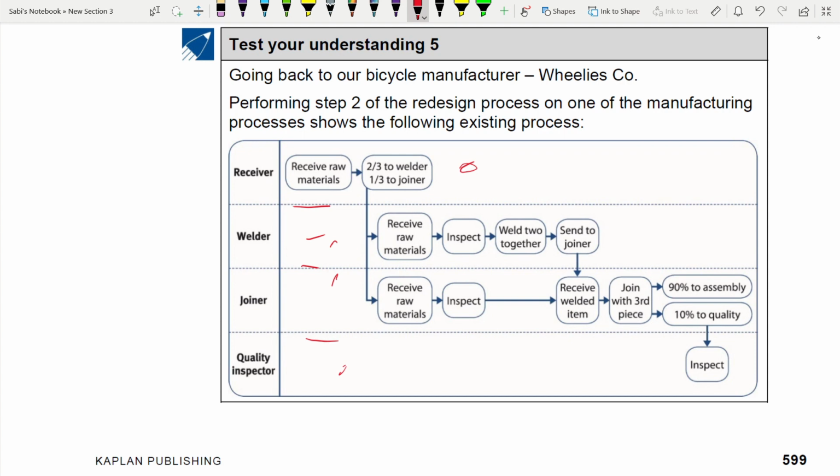He receives raw materials, inspects, welds two together, sends to the joiner. Then what the joiner does: obviously from here he'll be receiving the raw material and inspecting. He also does the receiving of raw material and inspection, and then receives the welded item, joins with the third piece, 90% to assembly, 10% to quality, and then it goes here for inspection to the quality inspector.